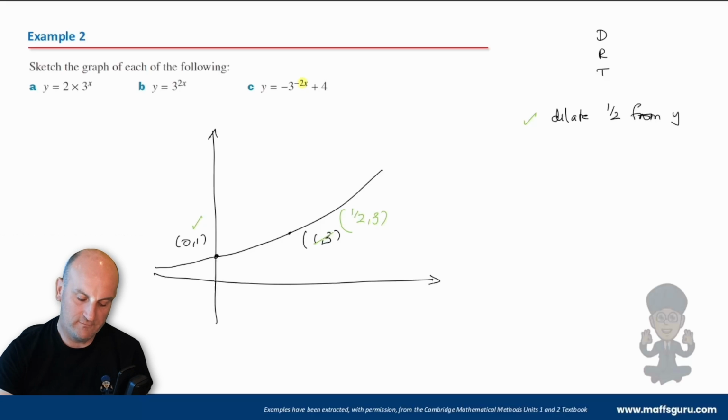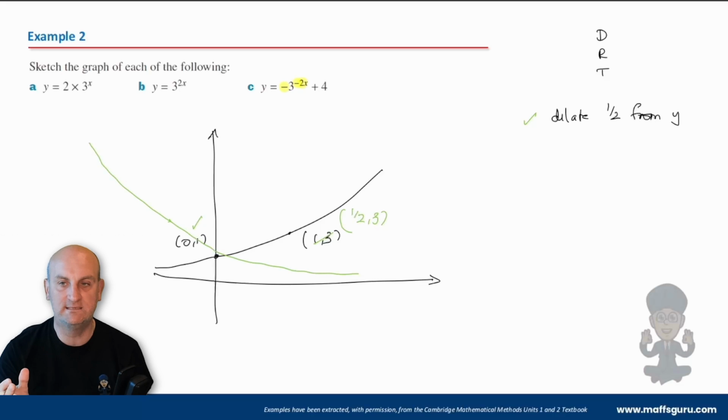Reflections. Do I have any reflections? Well, we have two reflections. We have a reflection in the y-axis and a reflection in the x-axis. So if I reflect this in the y-axis, that means my graph is going to end up coming something like that, where this point now becomes -0.5, 3.